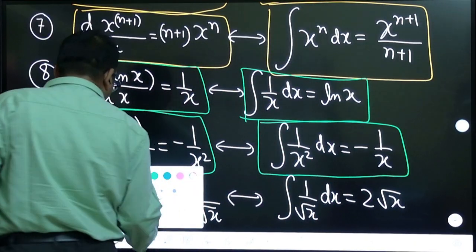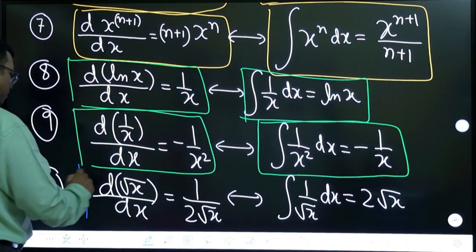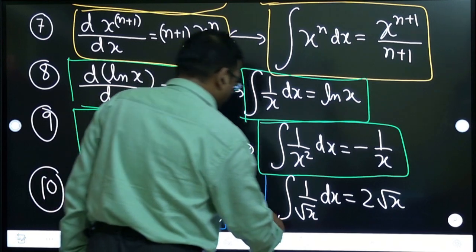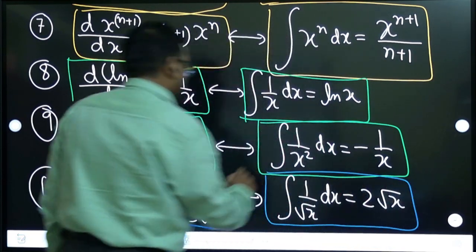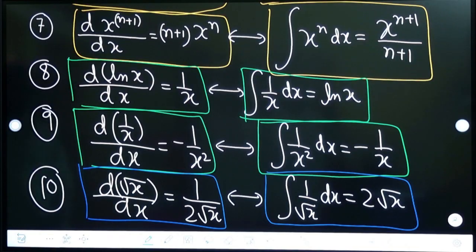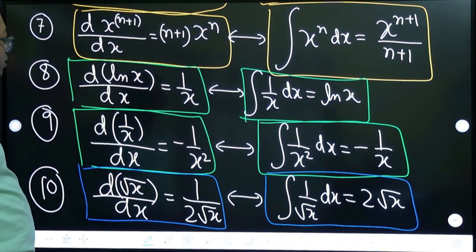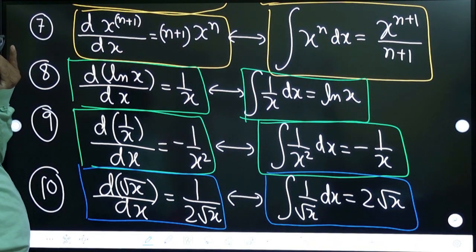This is also an important point. All these are very important formulas for NEET because in physics also they are used a lot.